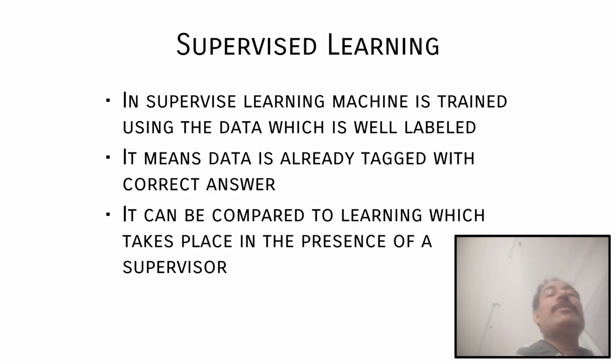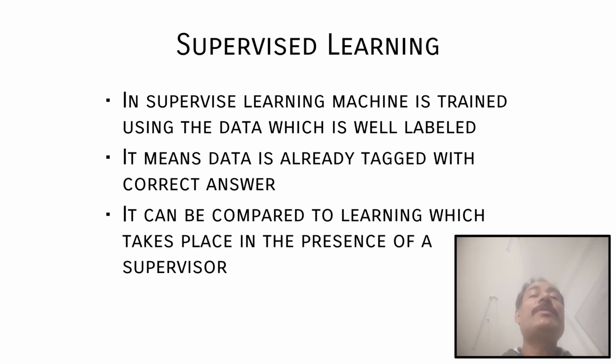First of all, supervised learning. As the term implies, there must be a supervisor during the training phase, that is, when you are training your machine. After the training phase, only then will the machine be capable of predicting. If the experience is not there, how can a machine predict?